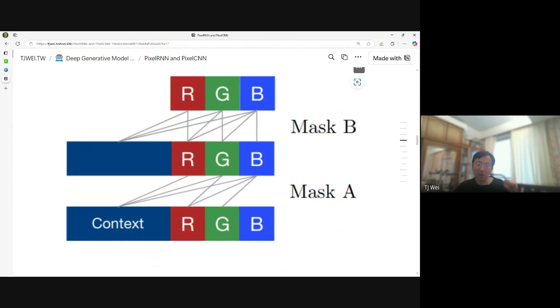The choice of PixelCNN and PixelRNN is that, first of all, they consider each channel or each element to be discrete.